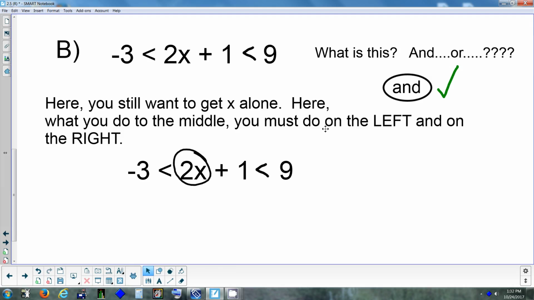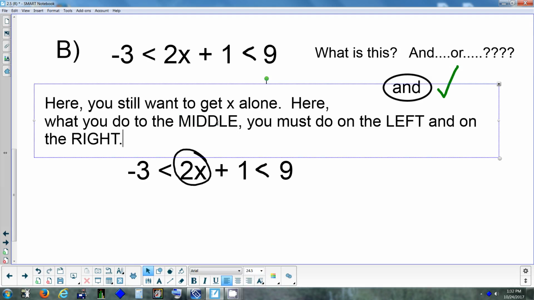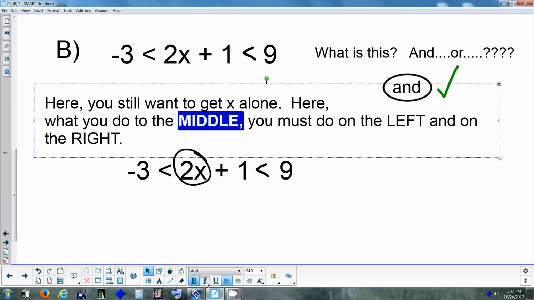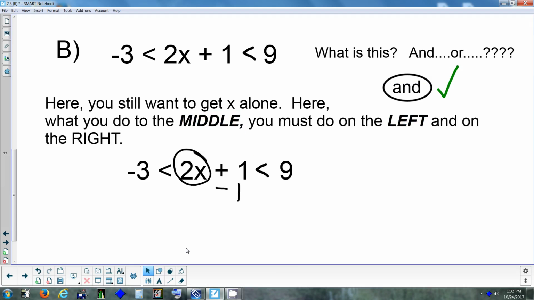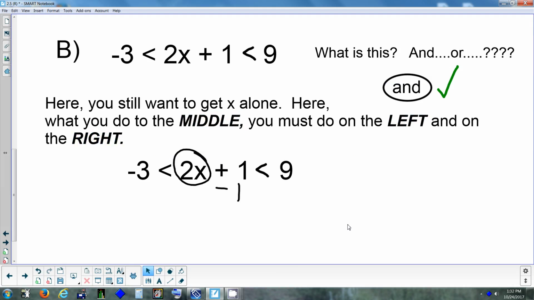What do you think our first step will be? Subtract 1. Good. Minus 1. But look what Mr. Hager wrote. What you do to the middle, you must do on the left and on the right.